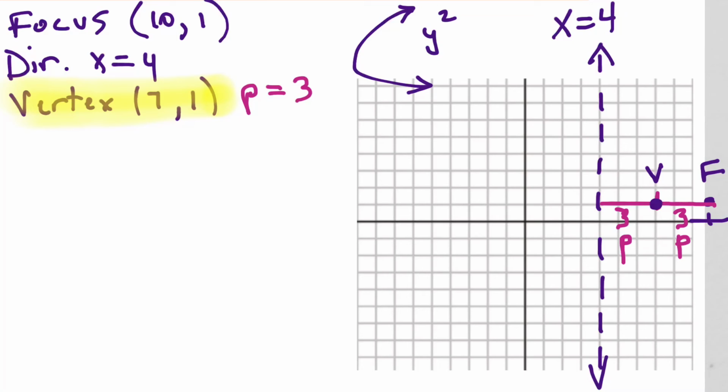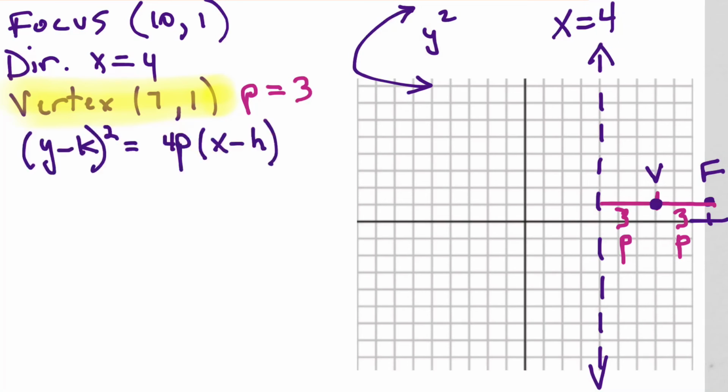So now the form of our equation, let's try to determine what that needs to be based on what we know so far. So we know it's opening to the right, in the positive direction, and that it's a y-squared parabola. So we can write down the standard form for the equation.